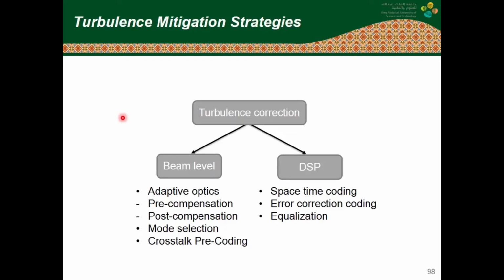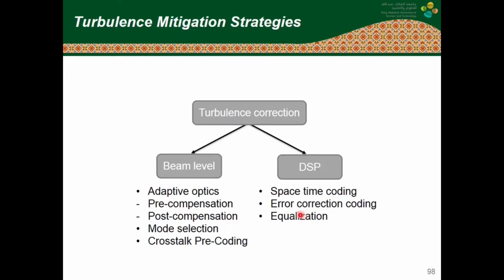Turbulence effect mitigation can be performed at the beam level through adaptive optics, or through mode selection, or through crosstalk precoding techniques, or at the digital signal processing level through space-time coding, error correction coding, and equalization.